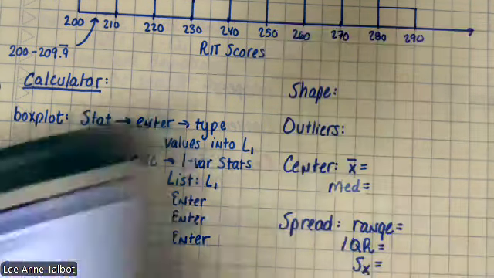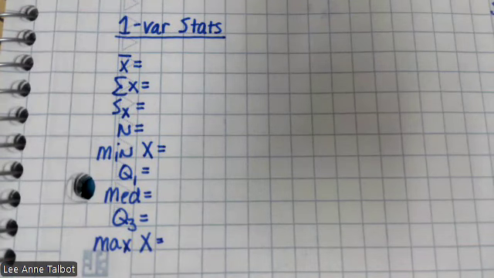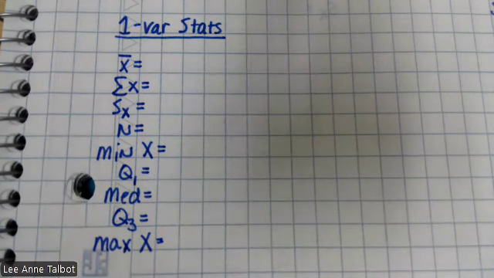Okay. These are the ones you need. So if you could write this down. Let me just write down exactly what it says in the calculator.